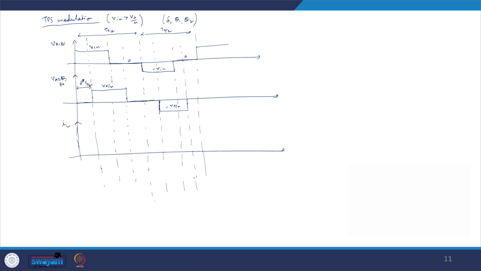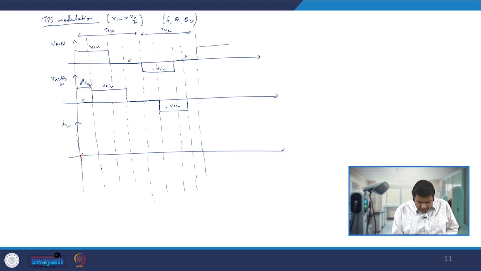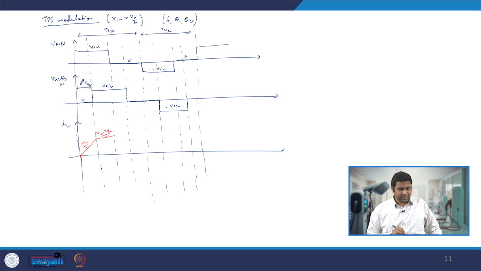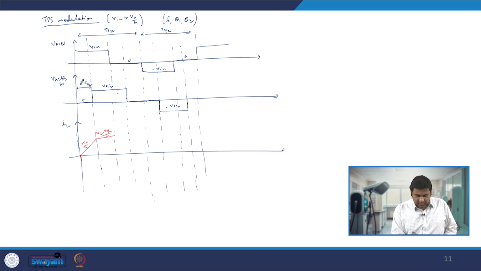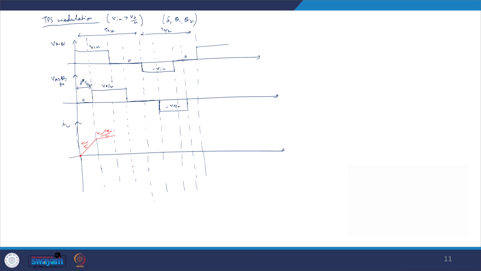Now if you look very carefully, during this time it is 0. So here it is V in voltage applied, let us say it starts from 0. So it goes here. So we will have V in by L slope, with that it is rising. Then at this point it is V in minus V naught by n by L slope, it is rising. Here it is minus V naught by n, it is falling.